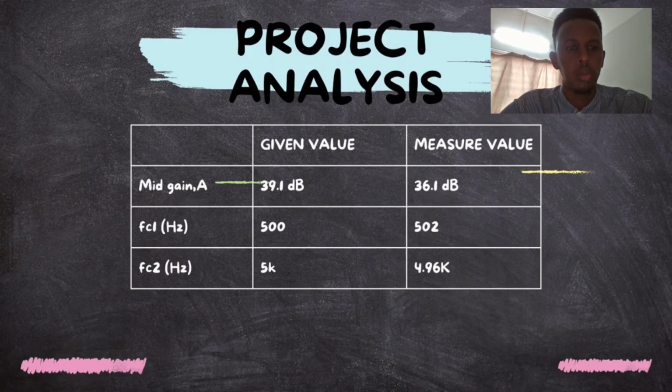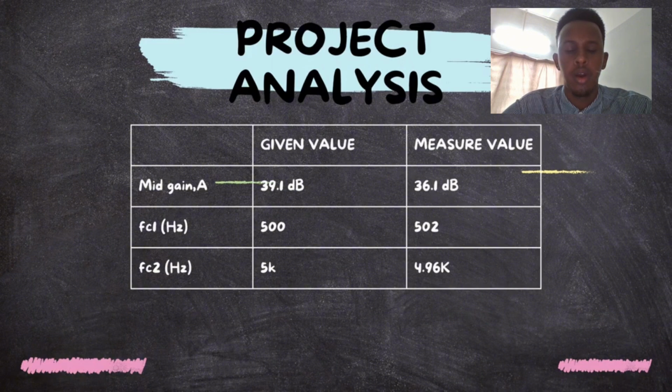My name is Muhammad Ali Isa. My matric number is AE210002. The table shows the given values and measured values for various parameters of a project. The parameters include mid-gain, low frequency cutoff, and high frequency cutoff. Mid-gain given value is 39.1 dB, measured value 36.1 dB.